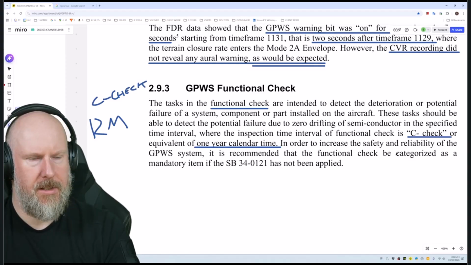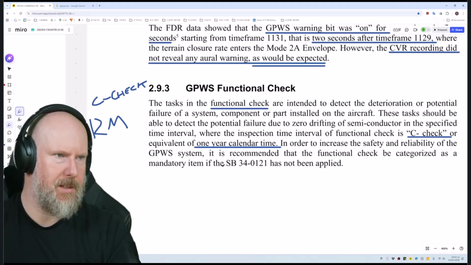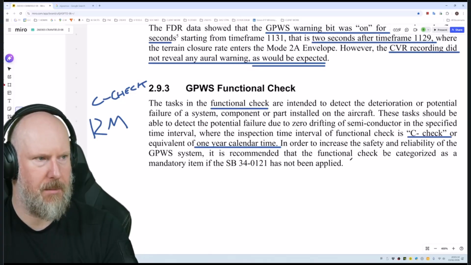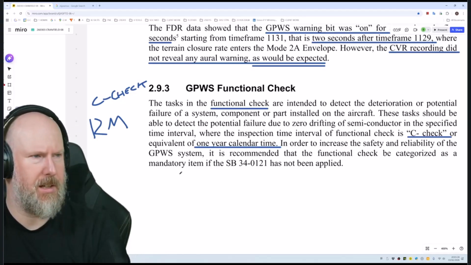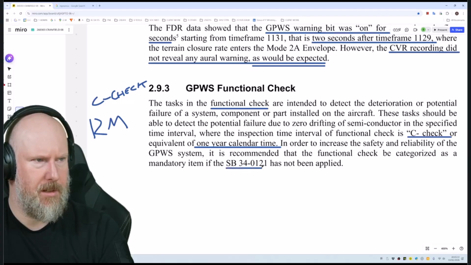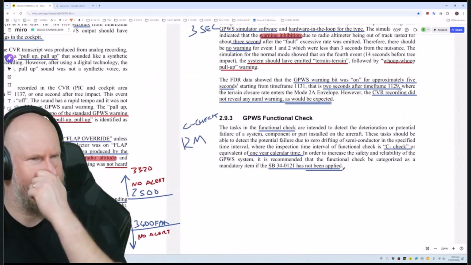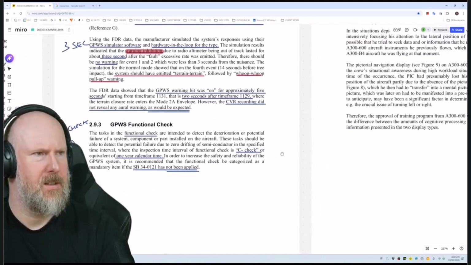In order to increase the safety and reliability of the GPWS, it is recommended that the functional check can be categorized as a mandatory item if Service Bulletin 340121 has not been applied. Okay.